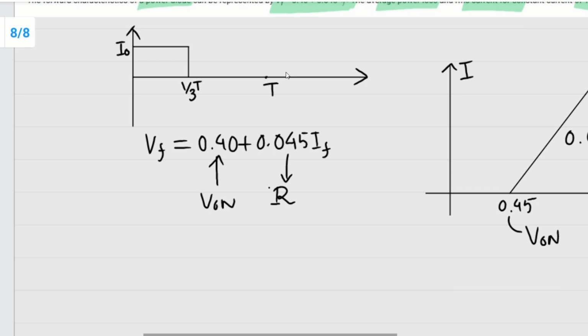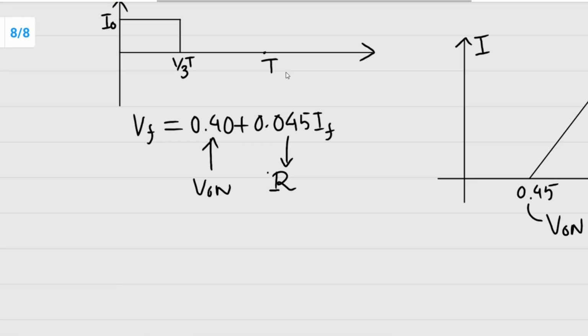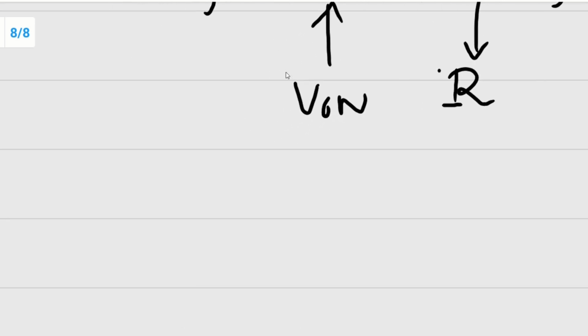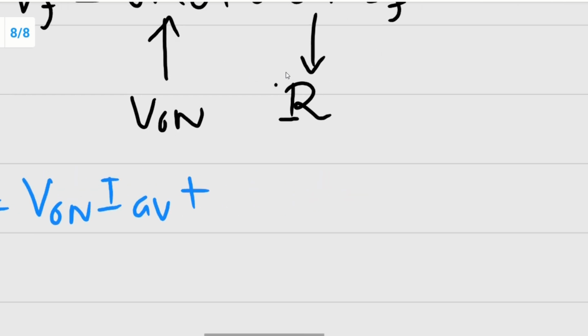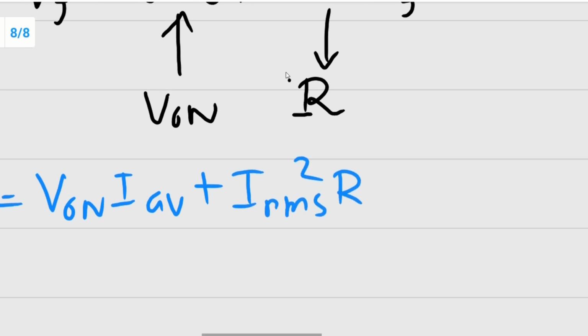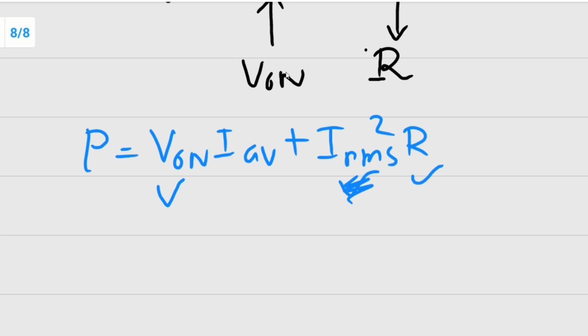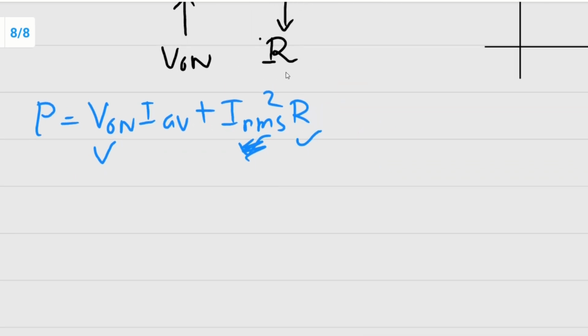Now to calculate the average power loss, we use the piecewise linear model equation for average power. It is nothing but P on times I average plus I RMS squared into R. We have already got P on and R. Now we have to calculate the average current and RMS current.